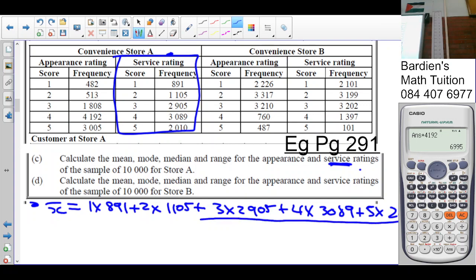And I must divide this by 10,000. What did the numerator give you?